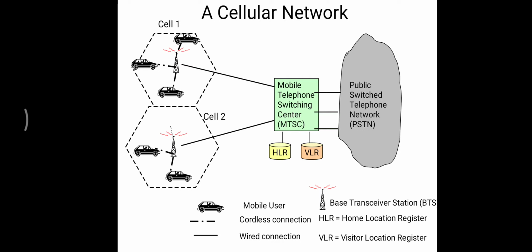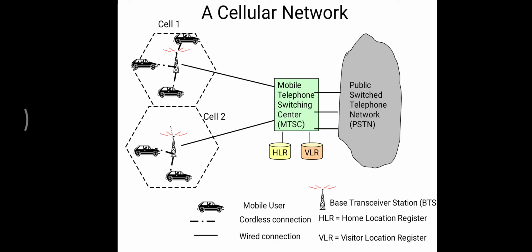This is a cellular network where we communicate from the cell to the base station, then to the mobile telephone switching center, and from the MTSC we interconnect with the public switched telephone network. In the MTSC we have two registers, the home location register and the visitor location register, where we maintain the database of call histories.